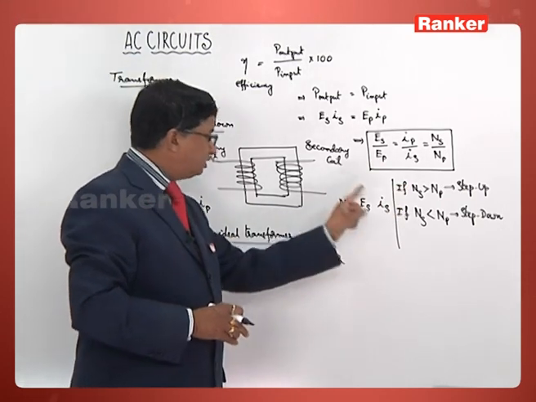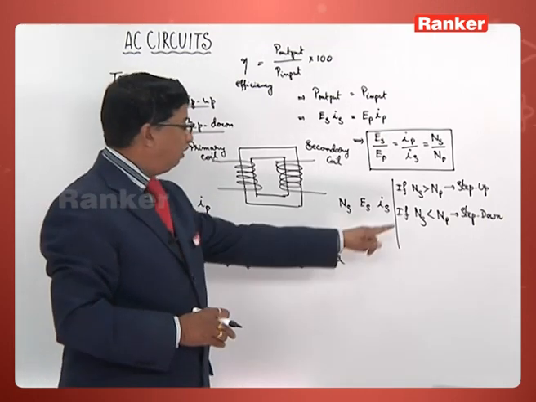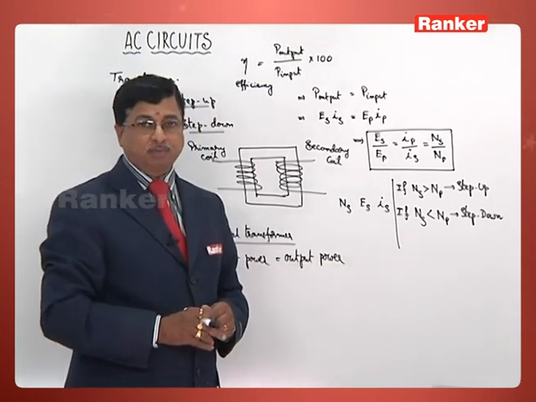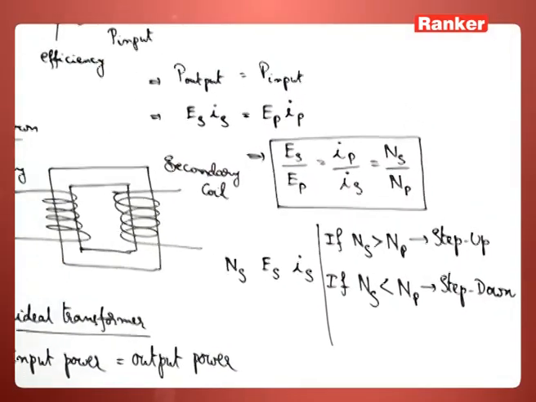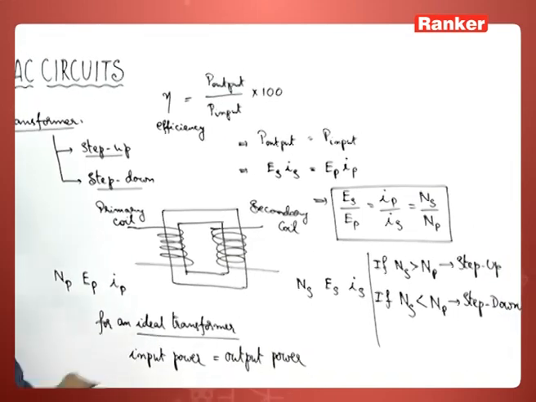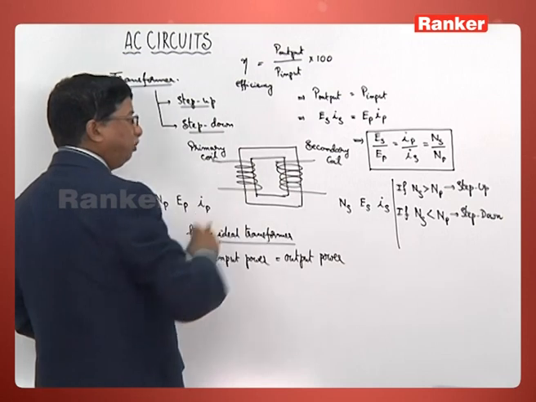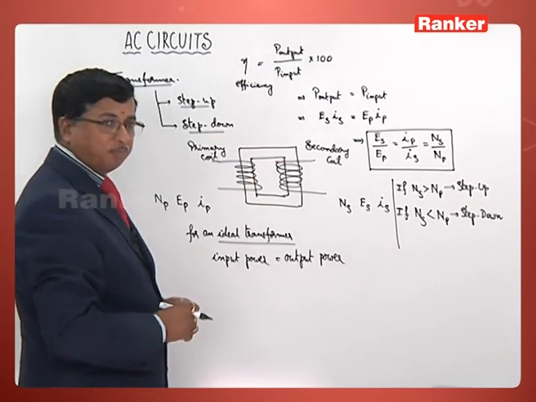If number of turns in secondary is less than in primary, that's called a step down transformer. So overall, while discussing the basic principles of transformer, one should understand this equation thoroughly. Almost every problem can be solved by using that.